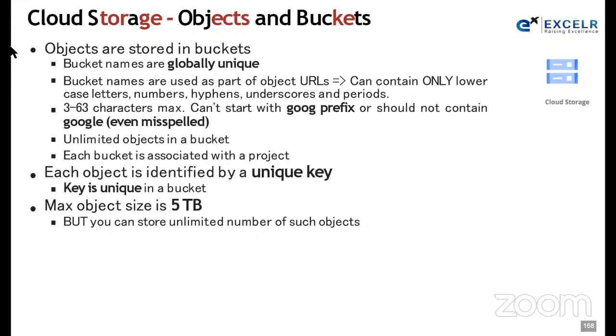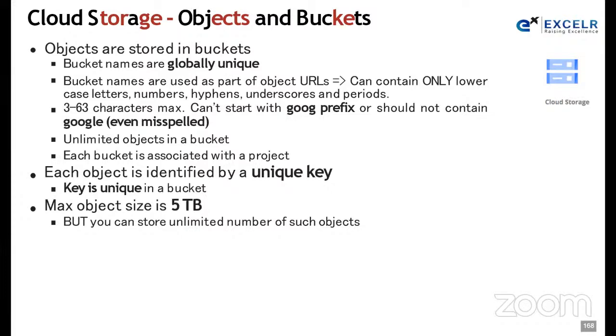What is the absolute path? Suppose I have a file in my bucket, let's say xyz bucket.com, and the file name is 123.txt. In that case, I need the complete path of my bucket as well as my object to access that particular file.